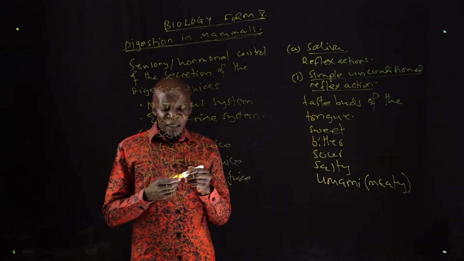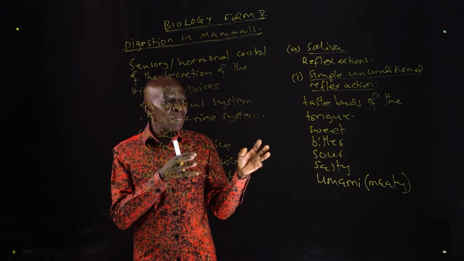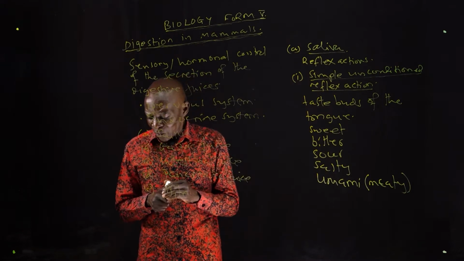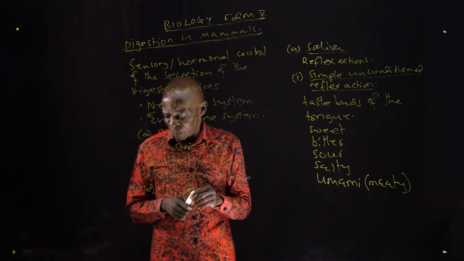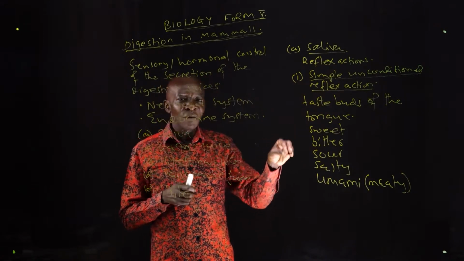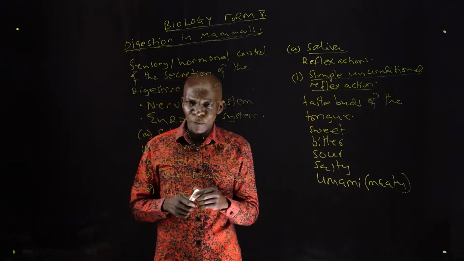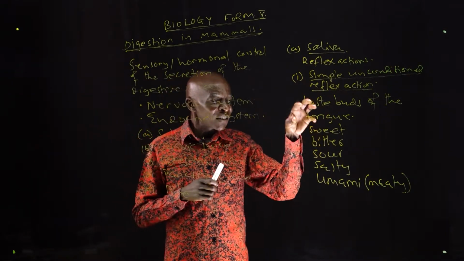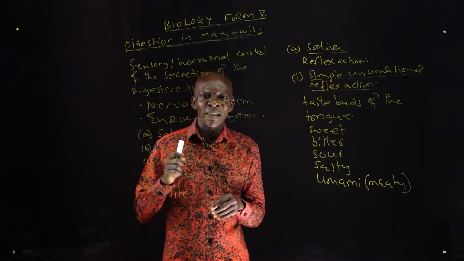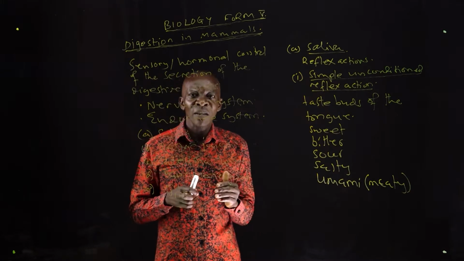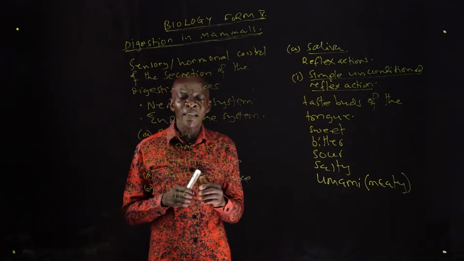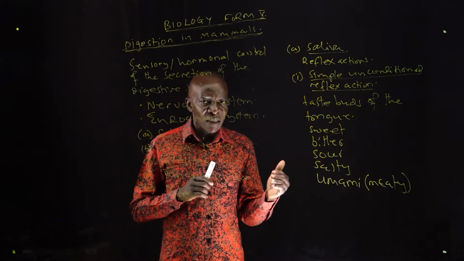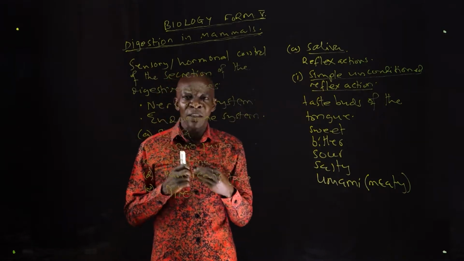Now, after these receptors have been stimulated, sensory neurons carry the impulses from these receptors to the brain. And then from the brain, a motor neuron carries the impulses to the effectors, that is the salivary glands, which respond by releasing saliva. That is, we have the food in the buccal cavity.